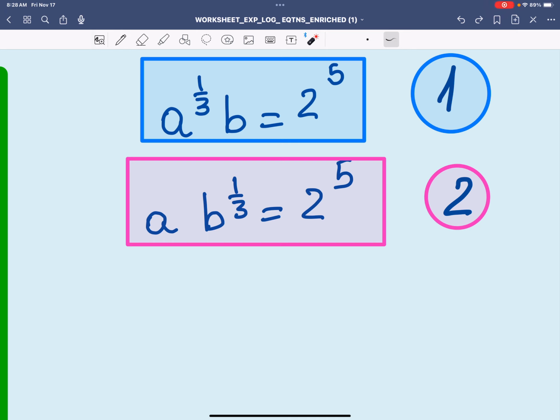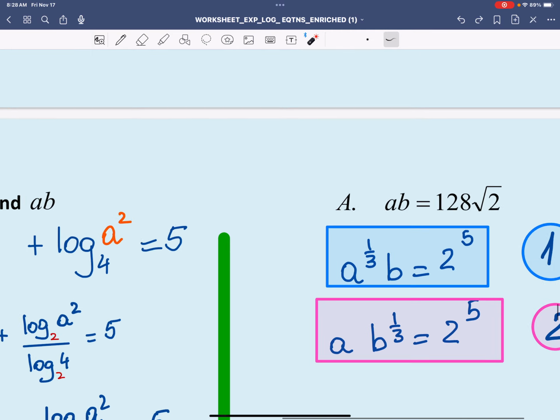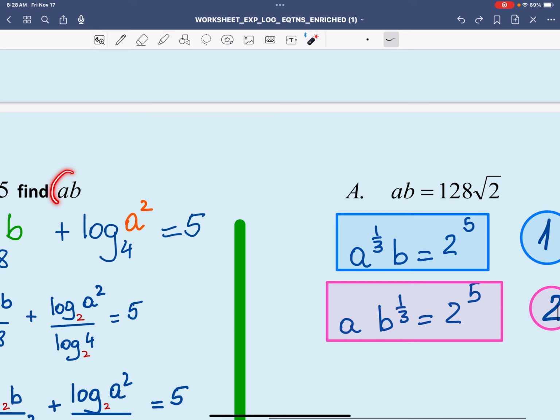What gives me hope is the fact that we do have a and b in the exponents in both equations, and their exponents are kind of swapped. So that makes me think that if I multiplied, remember, we're trying to get a to the power 1, b to the power 1.